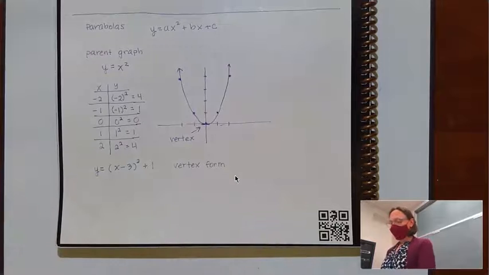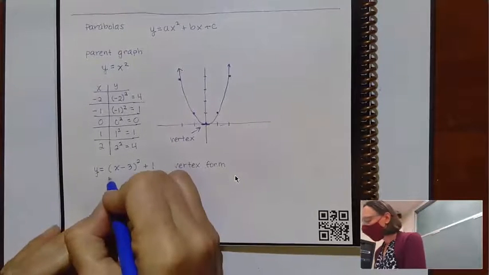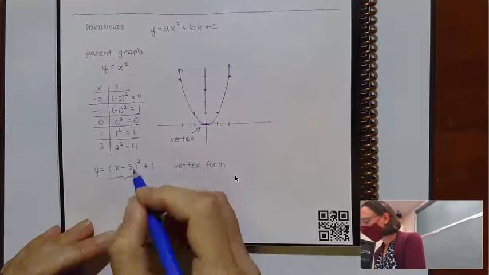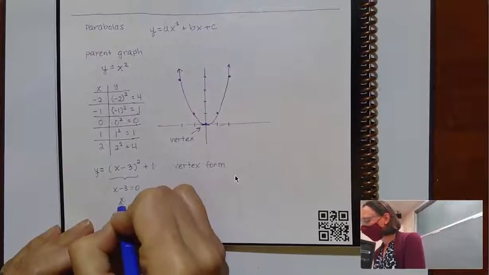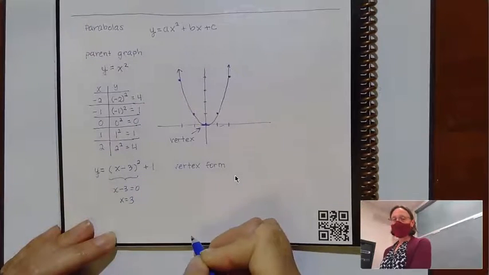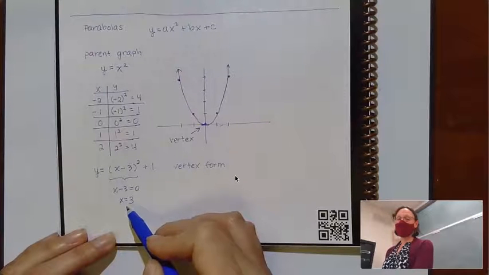Because that vertex is going to happen when the x value is whatever makes the part in parentheses equal to 0. So if I set this part in parentheses equal to 0, I get that x is equal to 3. So that tells me that the x value of the vertex is 3.